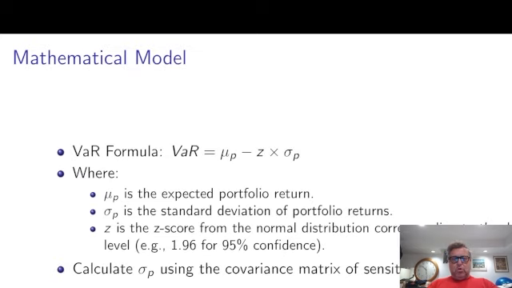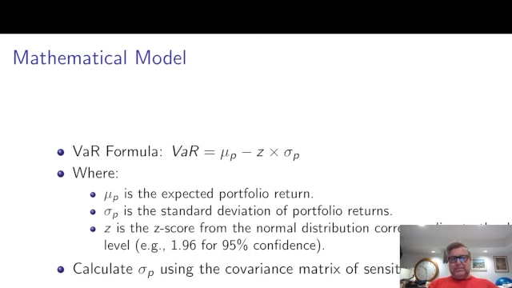So the mathematical model is that the value at risk of the portfolio is based, as we mentioned before, on an expected portfolio return. Then we have a standard deviation, which we also call the volatility of the portfolio return. And then we have something called the Z-score. The Z-score allows us, if you have a normal distribution, to define a certain confidence level, and then we take a certain measure of the volatility.